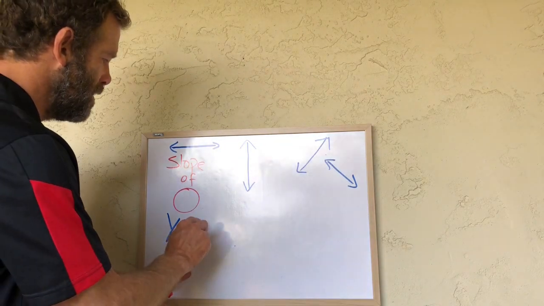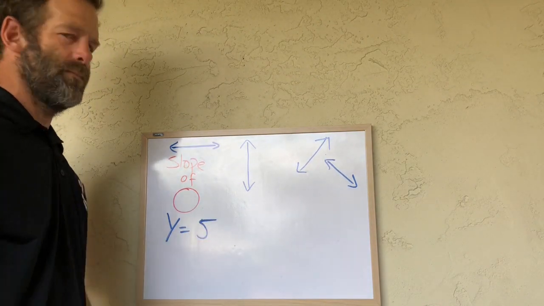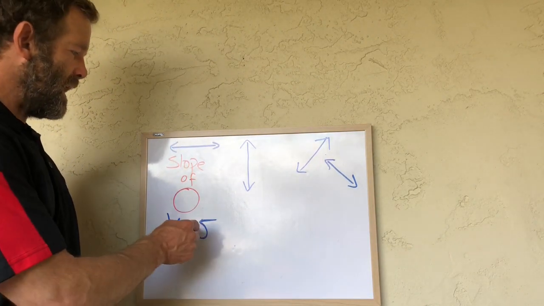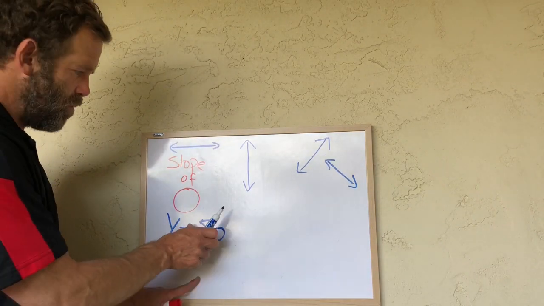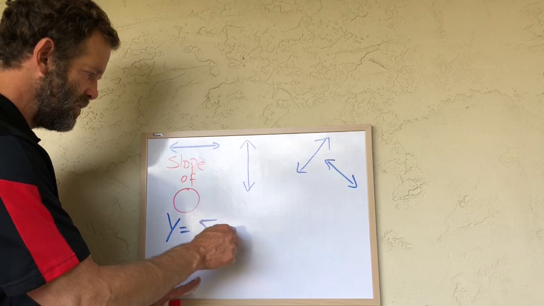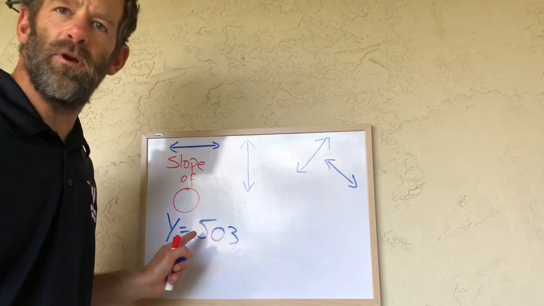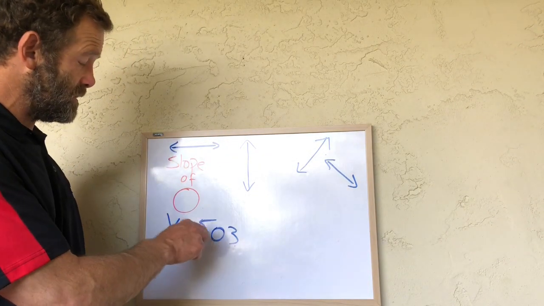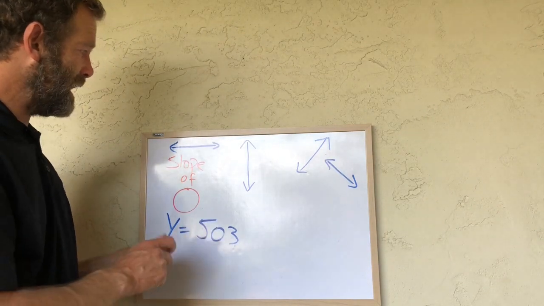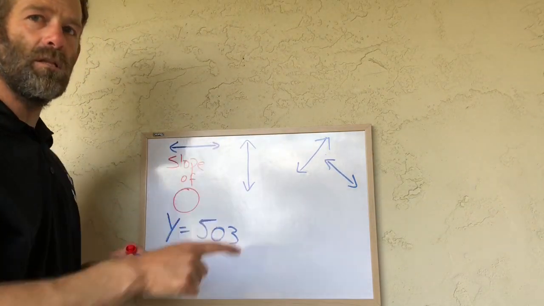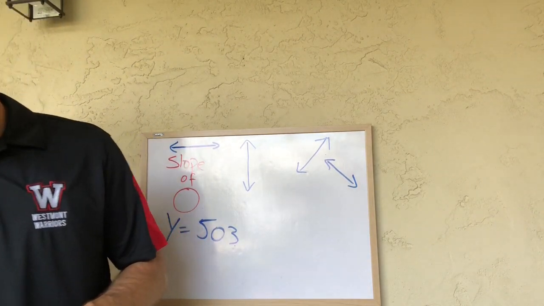So for example, y equals 5, or y equals -5, or y equals -50, or y equals 503. It doesn't matter what this number is. As long as there is no x next to it and it's just y equals, you're going to have a horizontal line straight across.